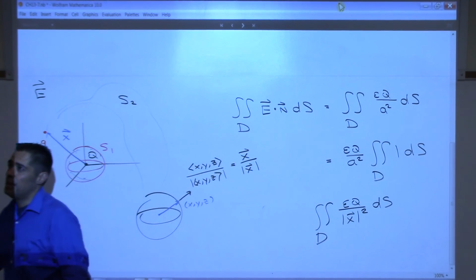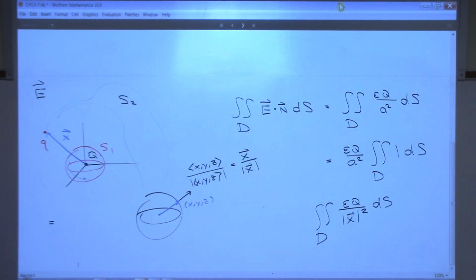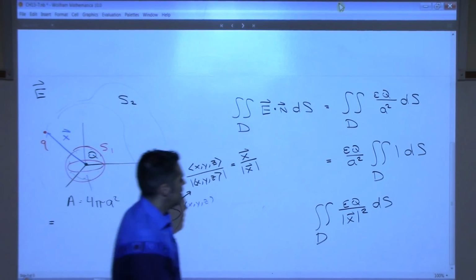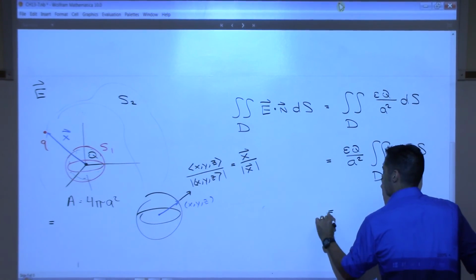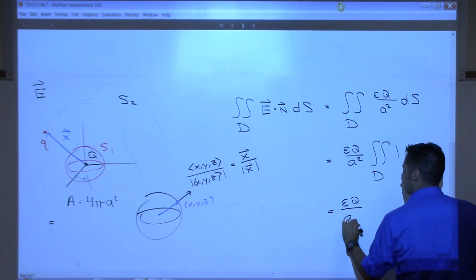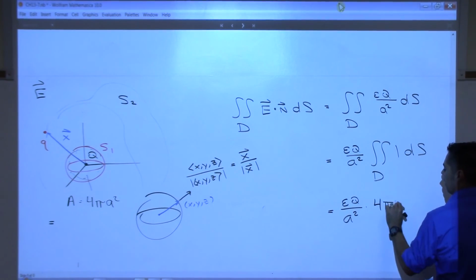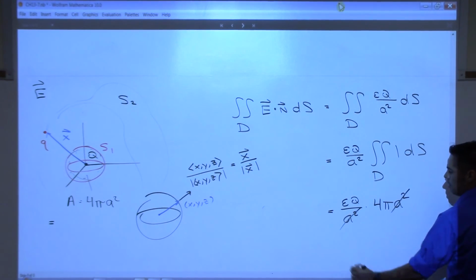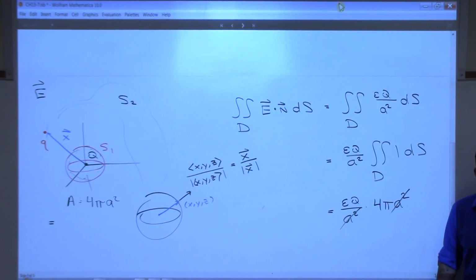The surface area of a sphere is 4 pi r squared, right? This has a radius of A. What's the question? You good? Would you agree that this has an area of 4 pi a squared because of the way I chose it? So this becomes EQ over a squared times 4 pi a squared. Cancel, and you get 4 pi epsilon q, which is what we wanted to show.